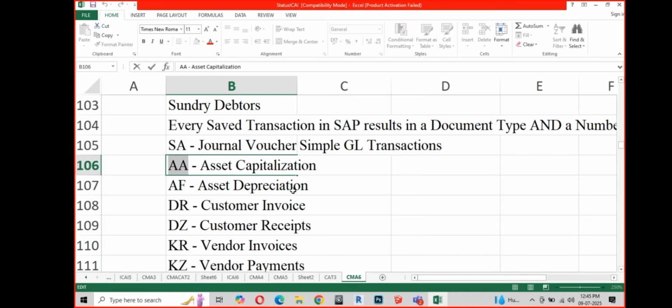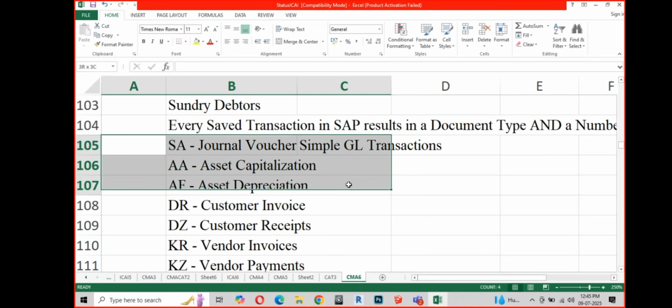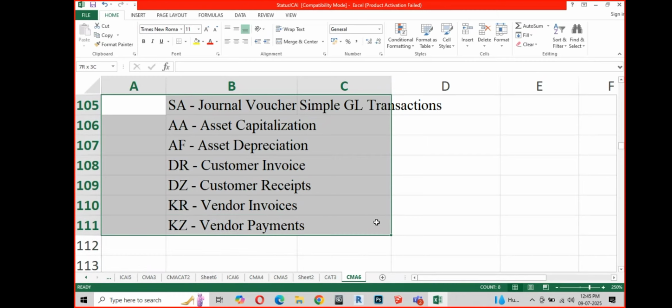But out of which I'm asking only the asset capitalization, because I am in charge of the asset department. Now, did you understand why SAP has thought over this document type concept?